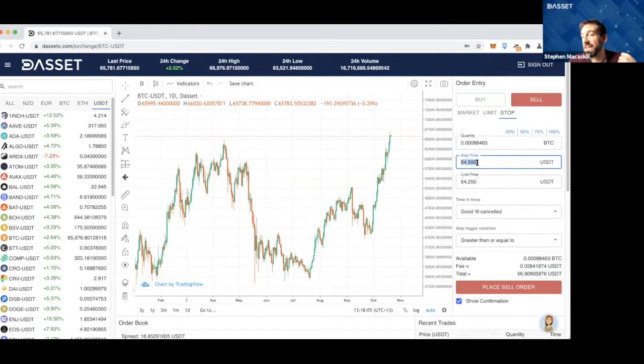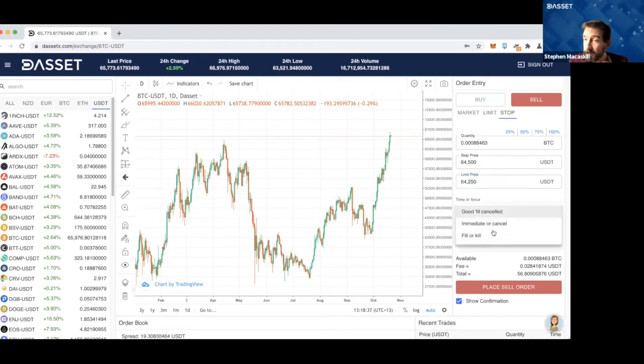The price might hit 64,500 and it could continue going, or it might stop there. I don't know. If I'm worried that it's going to continue going, maybe the market just starts tanking, then I can set a limit order that's lower, so I have a little bit more certainty that the order will actually submit.